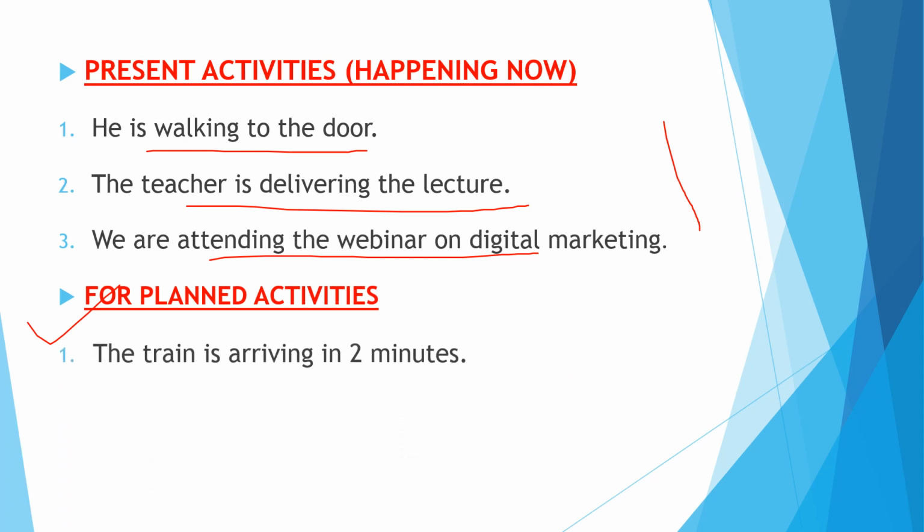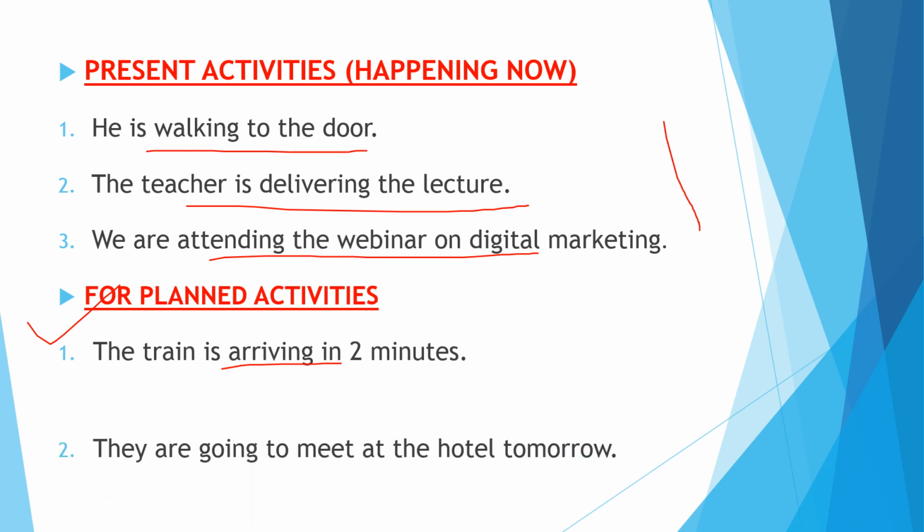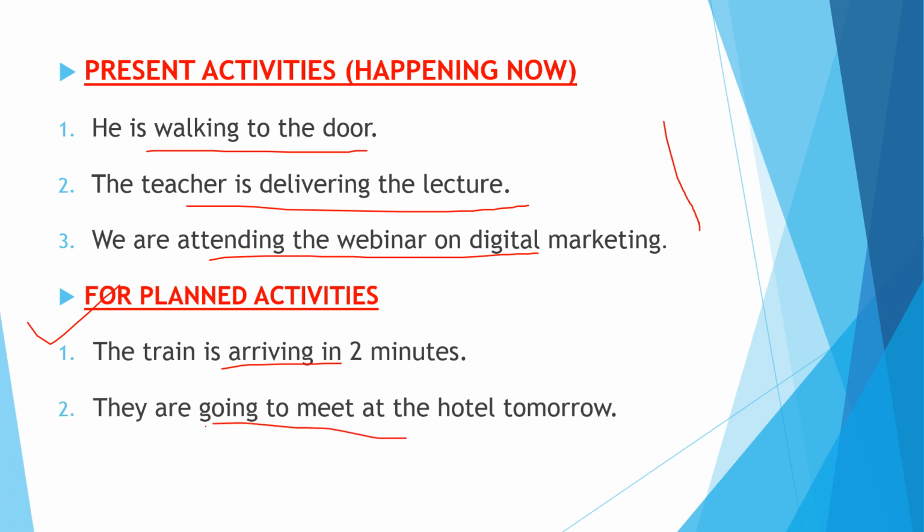How? See here. The train is arriving in 2 minutes. They are going to meet at the hotel tomorrow. I am studying to become a doctor. So this is how we can use this present continuous tense for present activities that are happening now, or for the planned activities just going to happen.